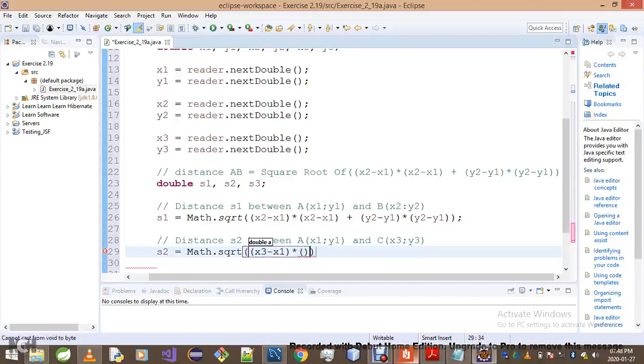But we want a square of that, so we multiply that by x3 minus x1 again. Then we simply add that to y3 minus y1, and multiply that by y3 minus y1, right?